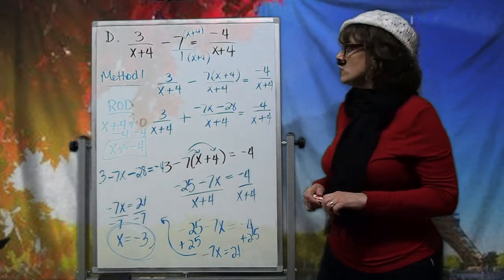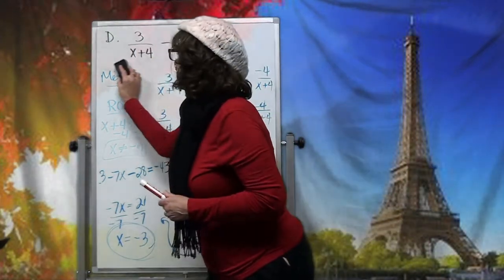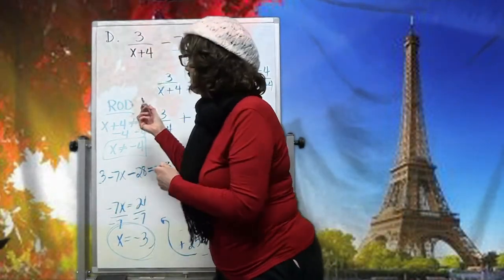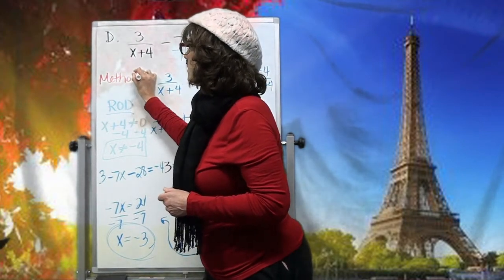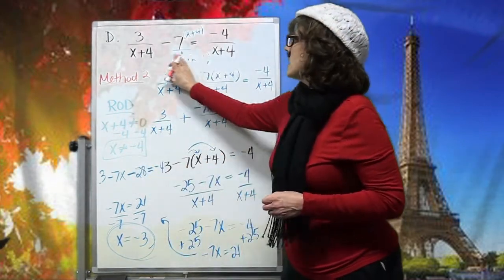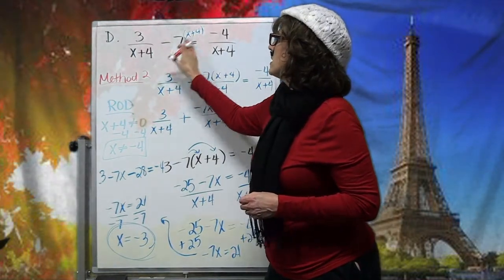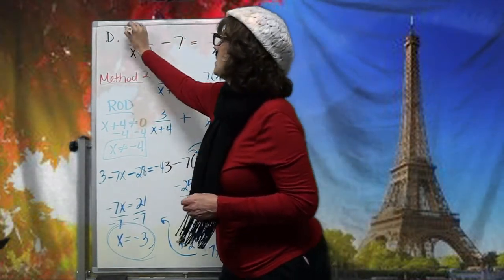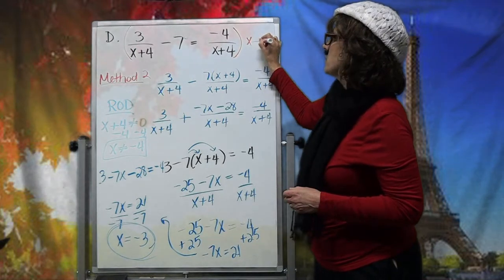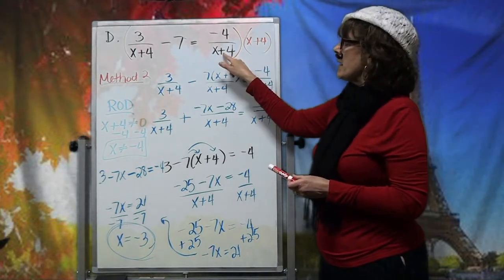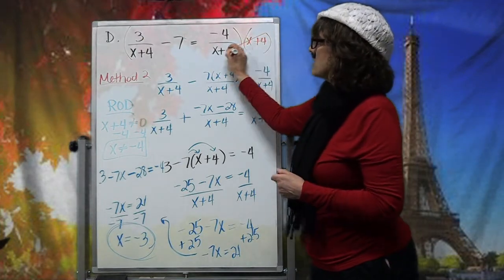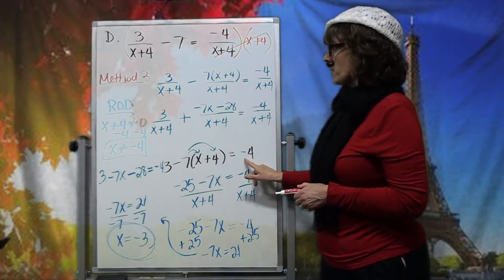Now, let's check method 2 one more time. So method 2, recall, says let's get rid of those fractions in one step. Let's take every single term that I see here and multiply absolutely everything by that LCD of x plus 4. And so like we said, when we multiply this by x plus 4, that's going to cancel out completely. I'm left with a negative 4.